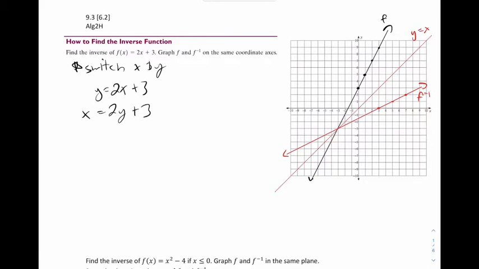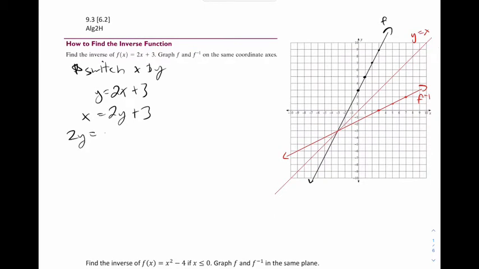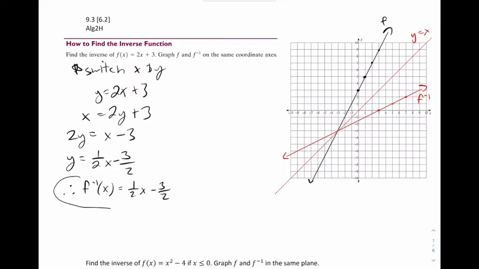Now solve for y. So 2y should equal x minus 3. Divide by 2, so that'd be 1/2 x minus 3 over 2. Therefore, f inverse x is going to be 1/2 x minus 3 over 2. And there's our algebraic inverse, and we can see this does in fact match the red line right there.